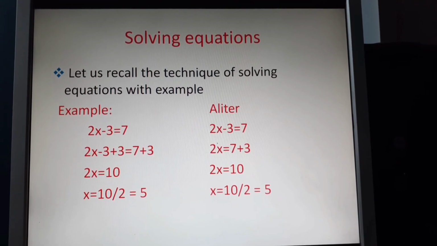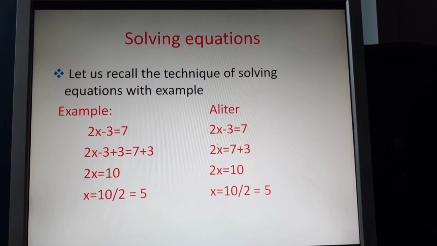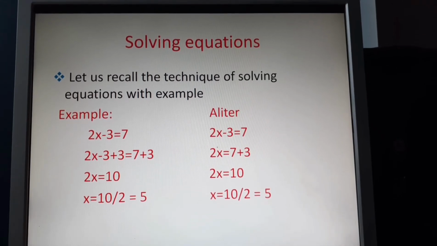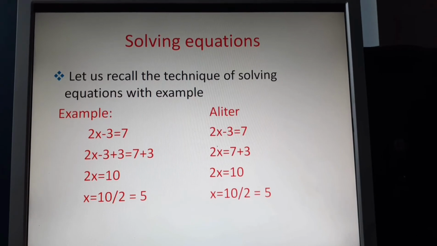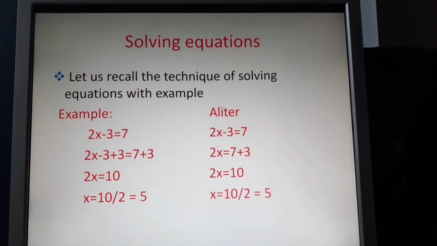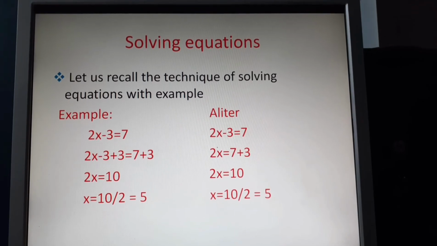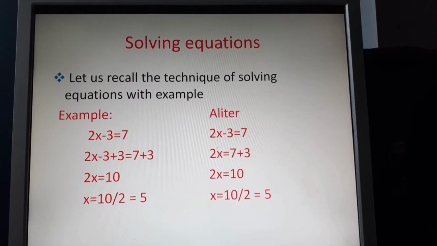So 2x is equal to 10. Now x is equal to 10 divided by 2. The 2 comes to this side and comes under division. So 10 divided by 2 is equal to 5. The value of x is equal to 5.